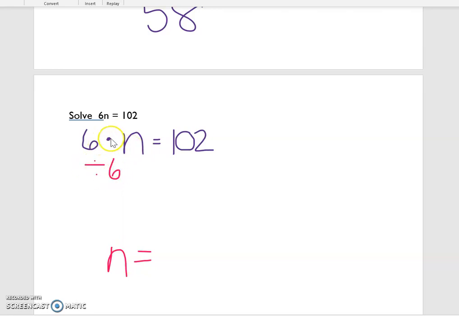Okay, remembering that multiplication and division are opposites, they'll cancel each other out, leaving n alone. And keeping our equation balanced, let's divide on both sides. Six goes into 1 no times. 6 goes into 10 once.